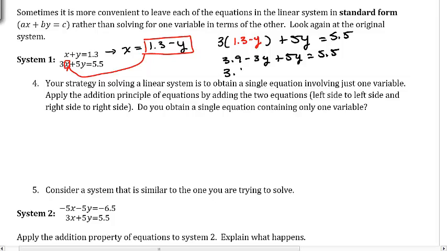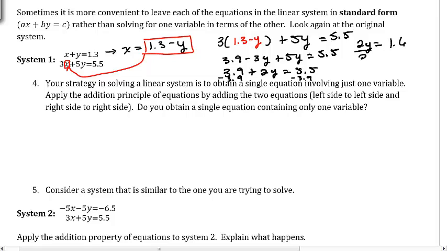So we have 3.9, and negative 3y and positive 5y is plus 2y. Then we would subtract 3.9 from both sides. That would give us 2y is equal to 5.5 minus 3.9, which gives us 1.6.